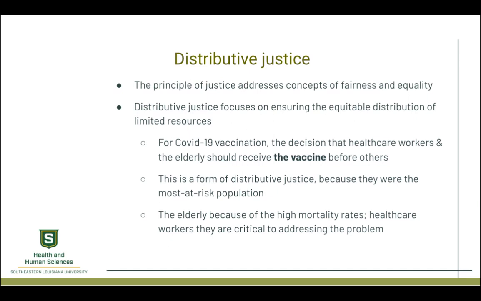They were more likely to die from COVID than other population groups. On the other hand, healthcare workers were very critical in solving the problem. They had to be the ones to take care of people, and so you want to keep them alive and well, because if a lot of healthcare workers had COVID, that would mean that many more people who get COVID would not be able to survive. So that is an example of distributive justice.